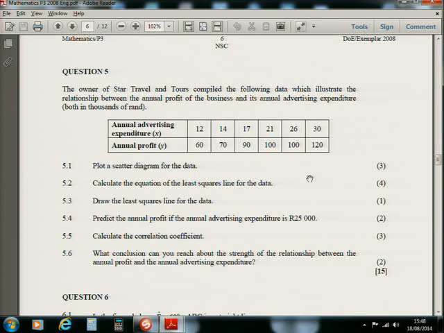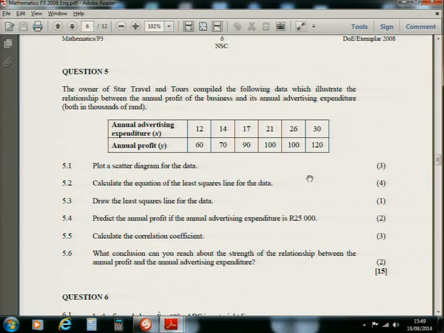If you spend 12 Rand, the profit becomes 60 Rand. The question: the owner of Star Travel and Tours compiled the following data which illustrate the relationship between the annual profit of the business and its annual advertising expenditure, and both are in rands. Those both are in rands, money.